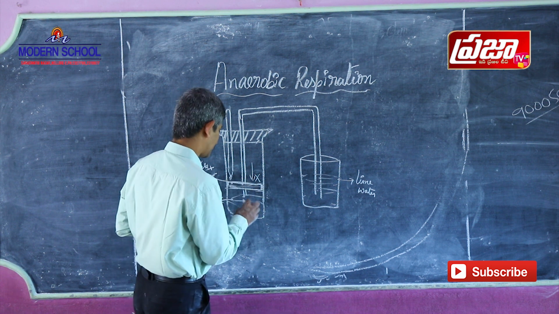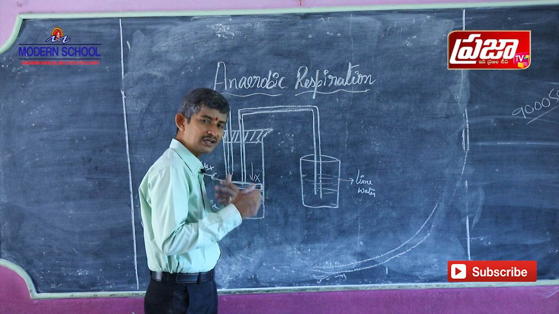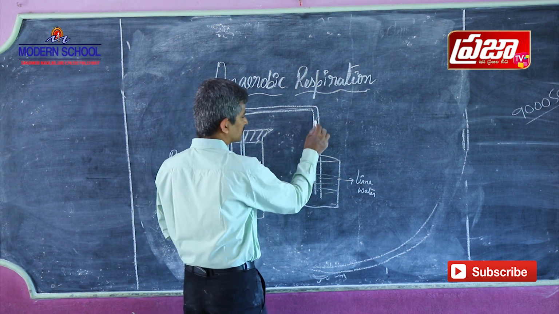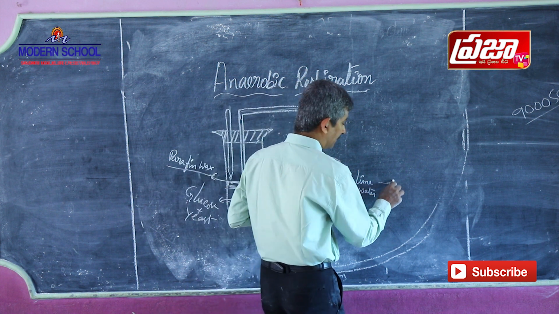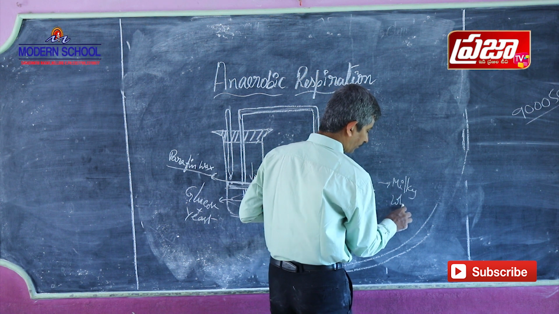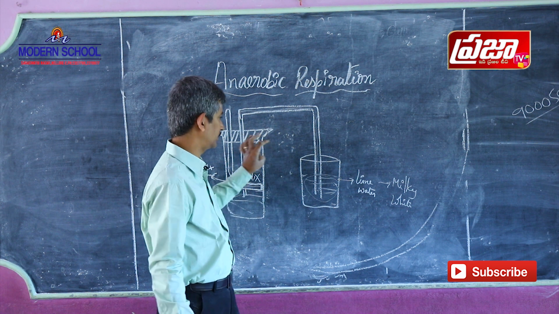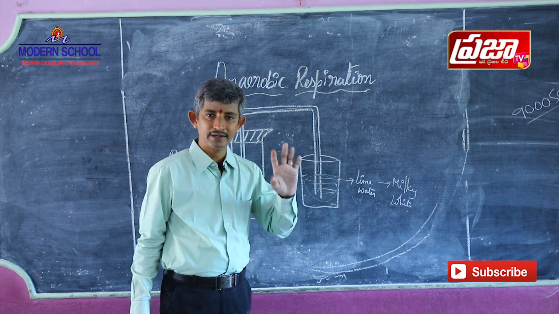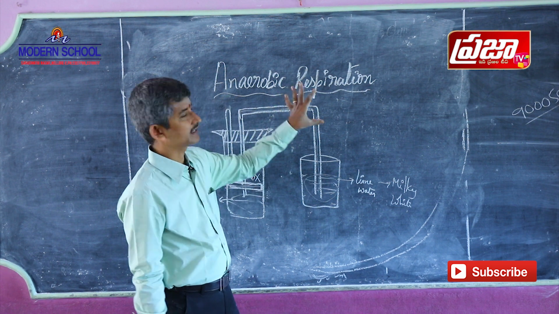After some time you can observe that carbon dioxide is produced as the yeast cells undergo anaerobic respiration, and as a result the lime water turns milky white. This indicates that the gas released during respiration is carbon dioxide. So this is an activity of anaerobic respiration.